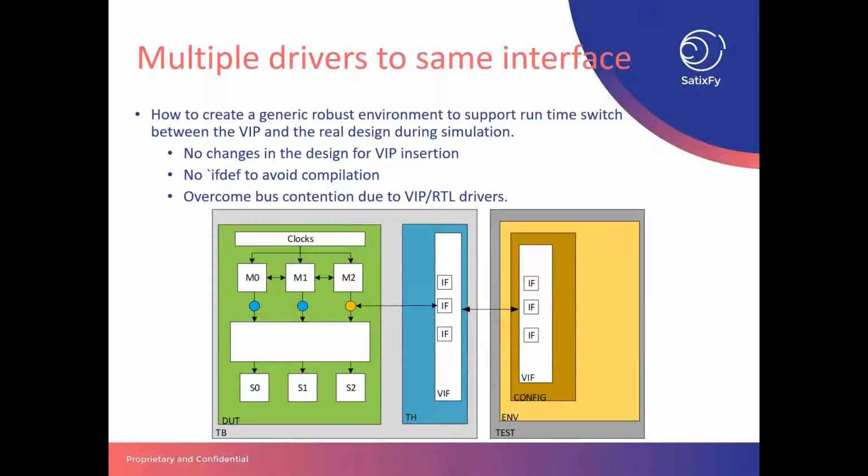And in some cases, you even want to be able to switch between them. So I can start a simulation in which I may want to quickly initialize the DUT from the VIP, and then on the fly switch off the VIP and let the design drive the interface.